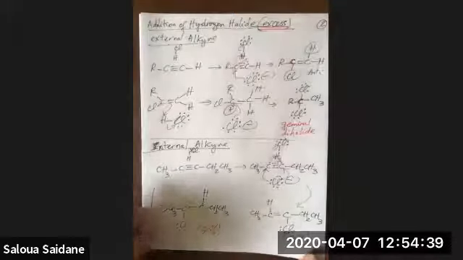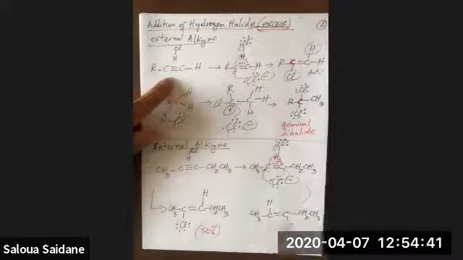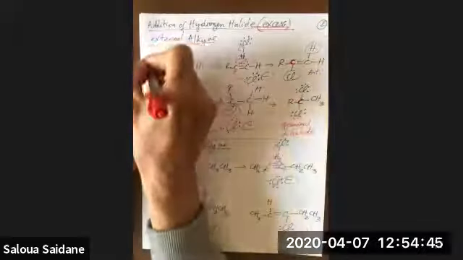And no matter what you have on each side, you're going to have 50-50 because both sides will give you secondary carbocation. Now, what if we put an excess? So this is the first step. And like here, this is just a 1-to-1 ratio.